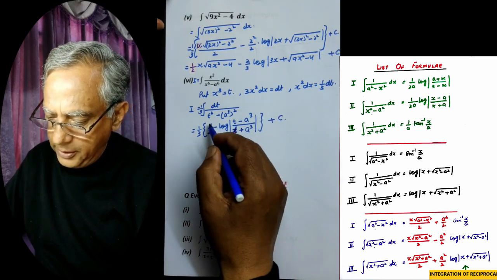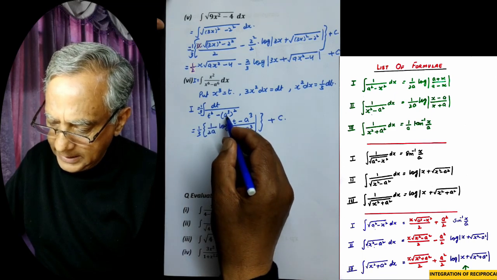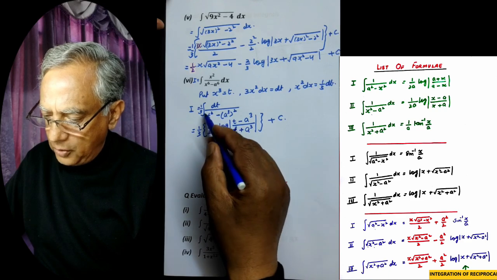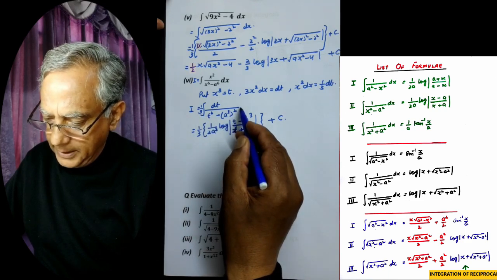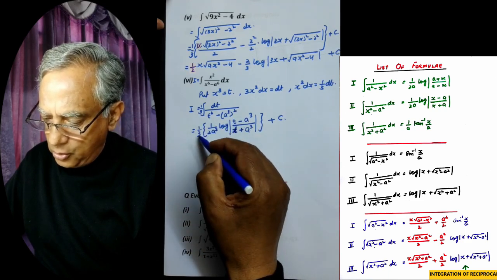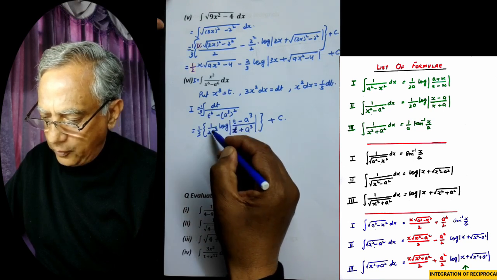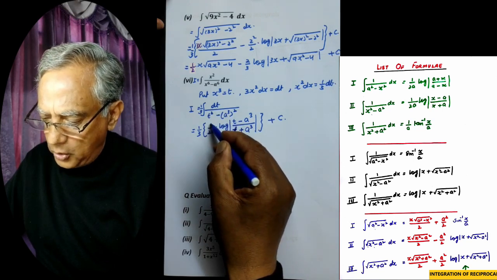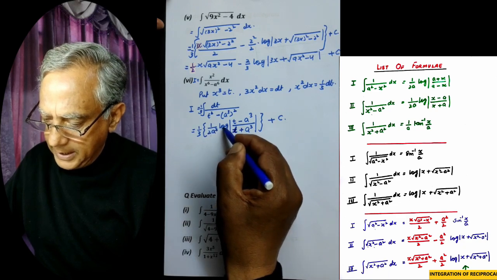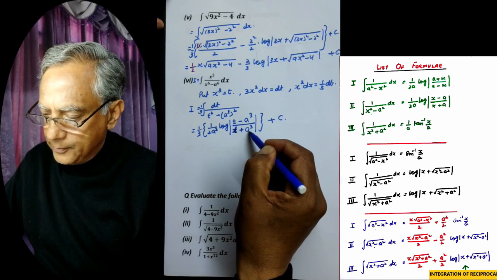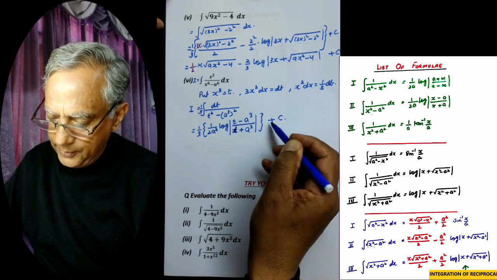So we have 1 by 2a, and a here is a cube. And integration of this is 1 by 3 into 1 by 2a, so we have a cube instead of a. So we will write 1 by 2a cube log of x minus a over x plus a, plus c.